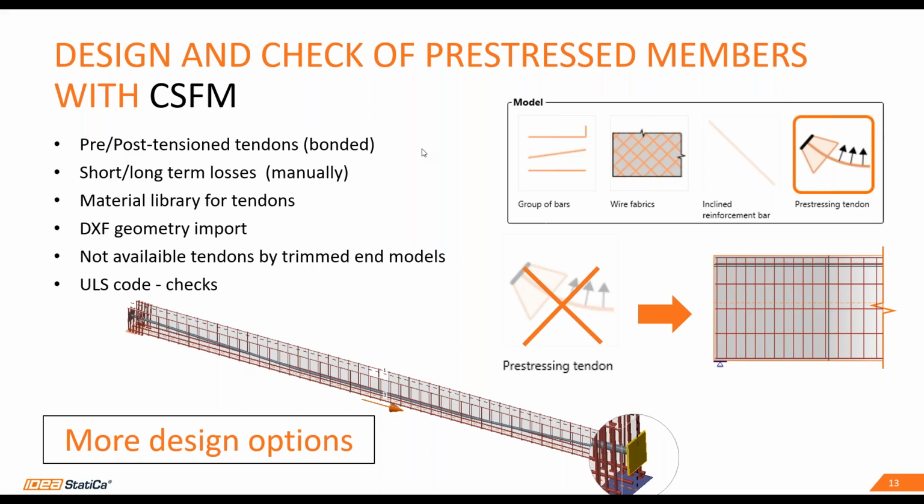The tendon losses are currently entered manually using a reduction factor in combination. You can consider 15% for long-term losses. And we are also providing a big library of materials for existing tendons, so you can find it there.